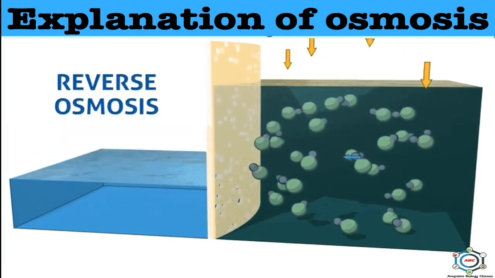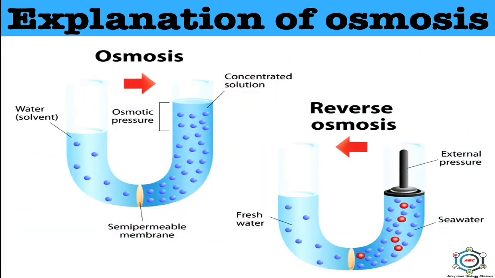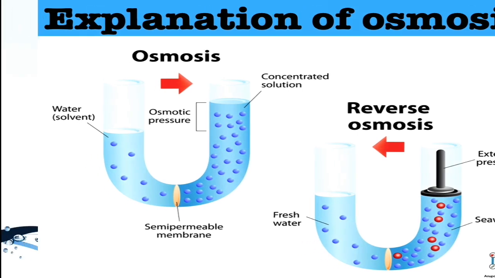Here you can see the difference between normal osmosis and reverse osmosis. Osmosis is the diffusion of water molecules from high to low water potential across a semi-permeable membrane, whereas reverse osmosis is the diffusion of water molecules across a semi-permeable membrane against the potential gradient. So this is all about osmosis and reverse osmosis.